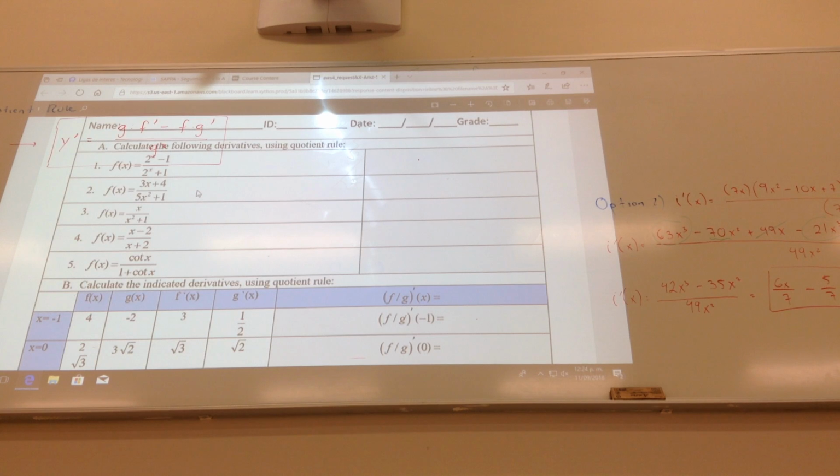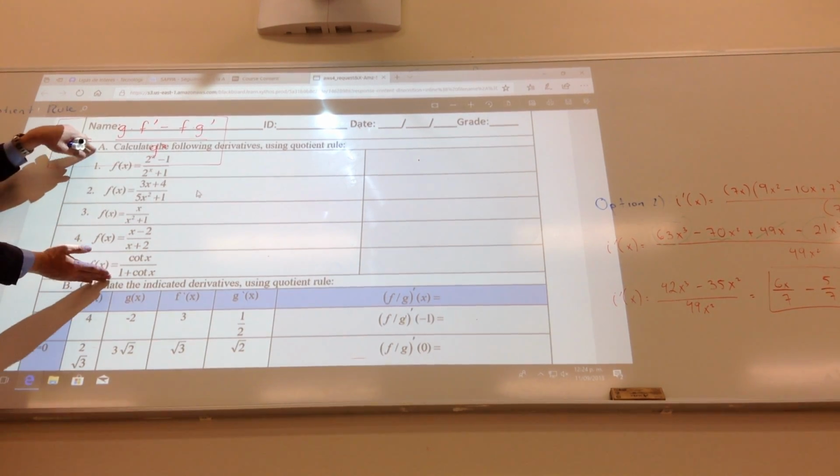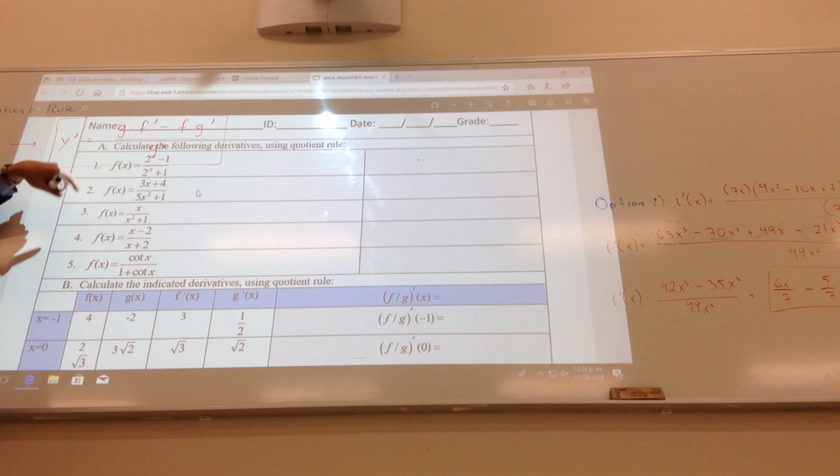Okay. This activity, the first part. Letter A. From the first five, which one seems the most difficult to you? Okay, the first one.